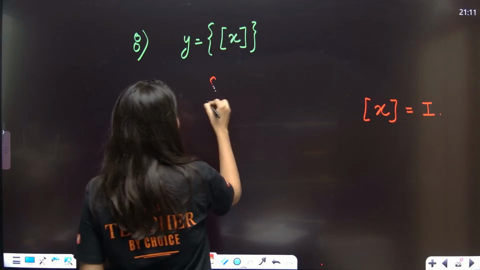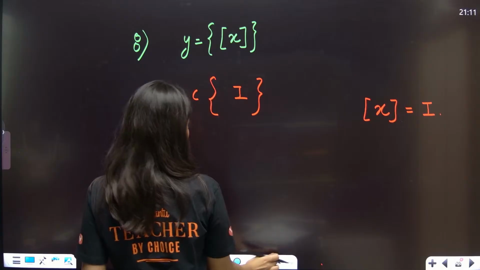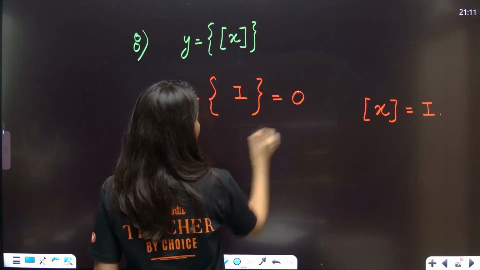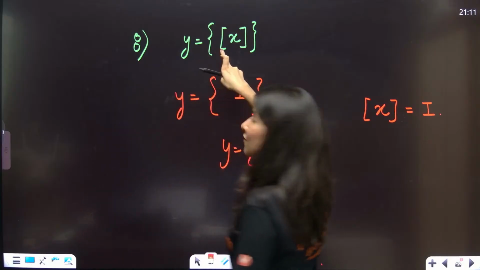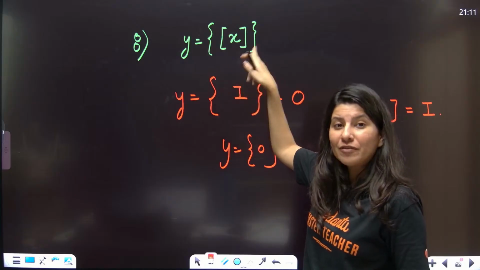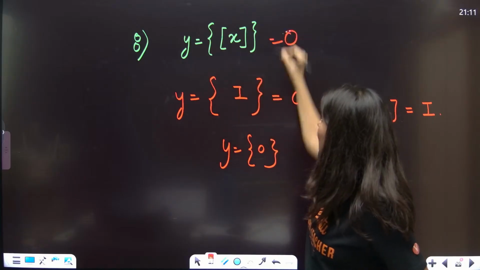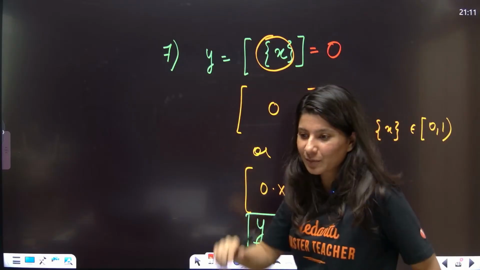Now, fractional part of any integer, Ronit, is what? Don't you think again it is a 0? What does that mean? Greatest integer function of fractional part of GIF of x is also 0, and GIF of fractional part of x is also 0.